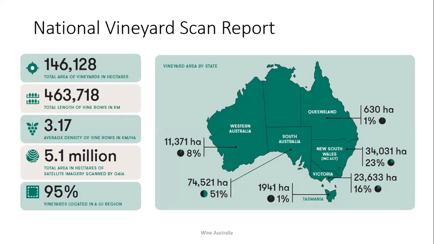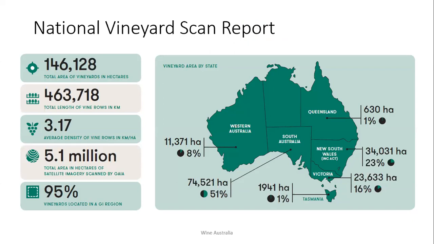So the first thing is the Vineyard Scan report. And based on the scan, we found that there are 146,128 hectares of vineyards in Australia. Now, for those of you who are familiar with this sort of information, our last report from the ABS had 135,000 hectares.